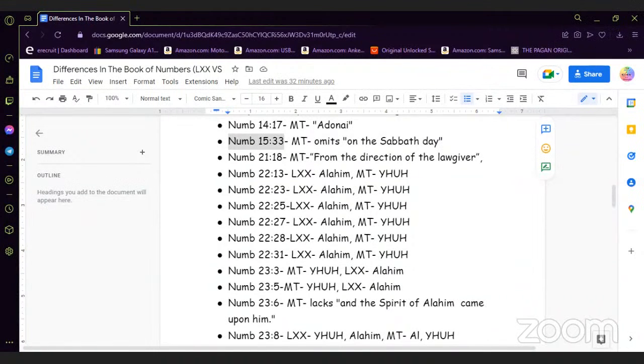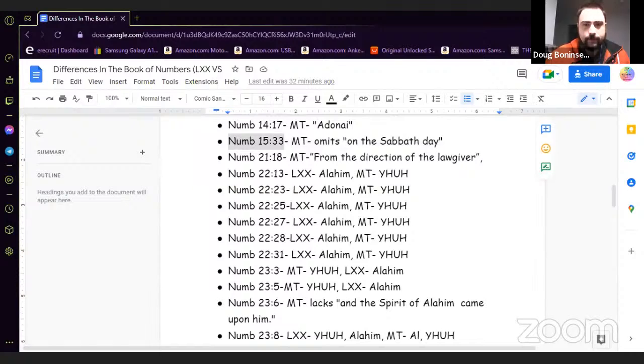If you go back a verse, in the Septuagint, Sabbath day seems to actually be in there, verse 32. Yeah. My only assumption is they thought it would be redundant. The Masoretes thought it would be redundant, so they figured not to include it in the next verse.